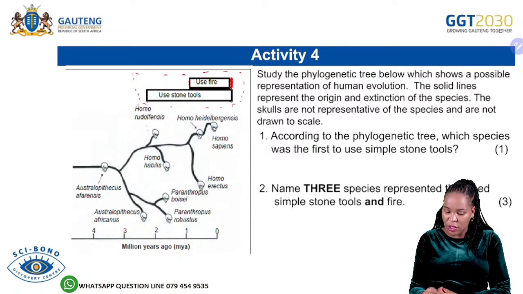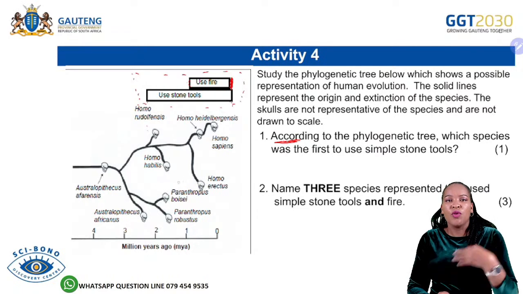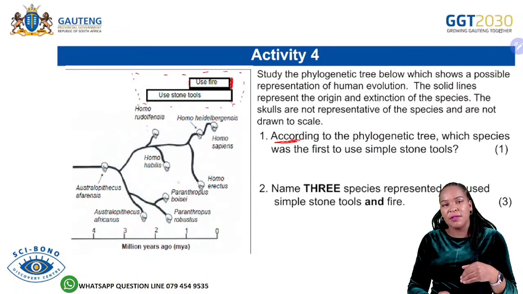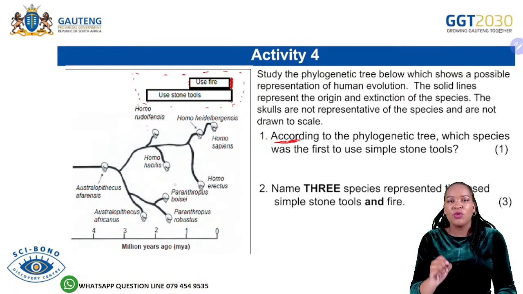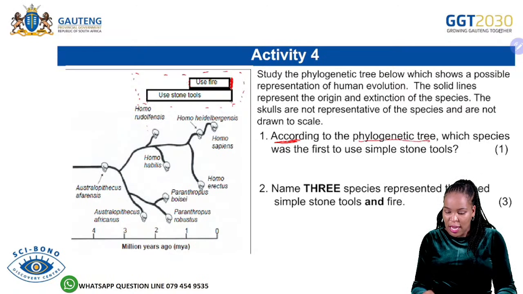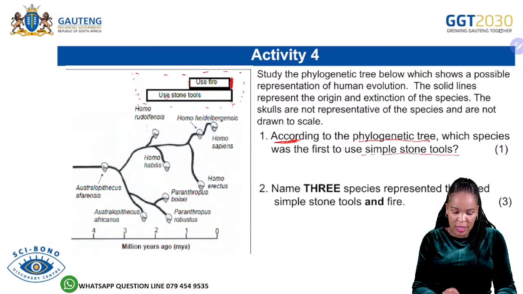According to the phylogenetic tree, very, very important. You don't just answer based on what you know. You answer based on the question that is given or the information that you have in front of you. Here, they want us to give an answer according to the phylogenetic tree that we have. Now, which species was the first to use simple stone tools? Remember I said this is the beginning. So what are you going to do?